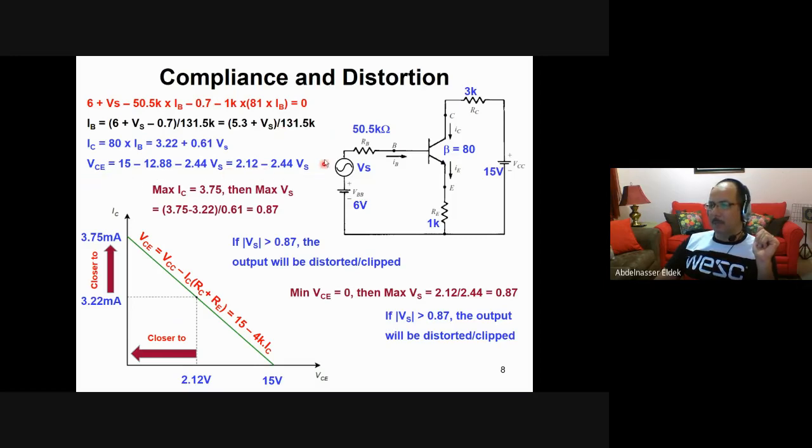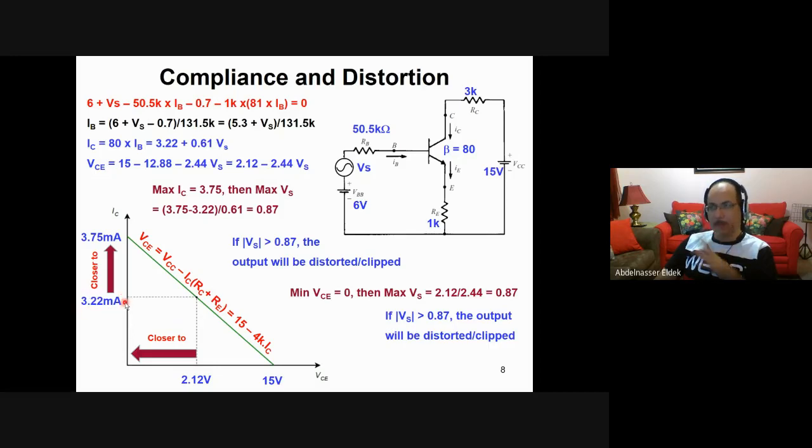VCE was calculated to be 2.12, minus 2.44 Vs. And IC is calculated to be this one here. When you look at this transistor, the Q point for VCE is 2.12, and IC is 3.22.